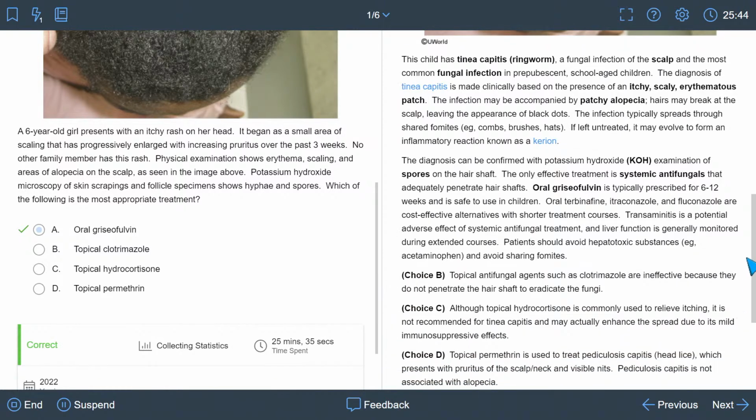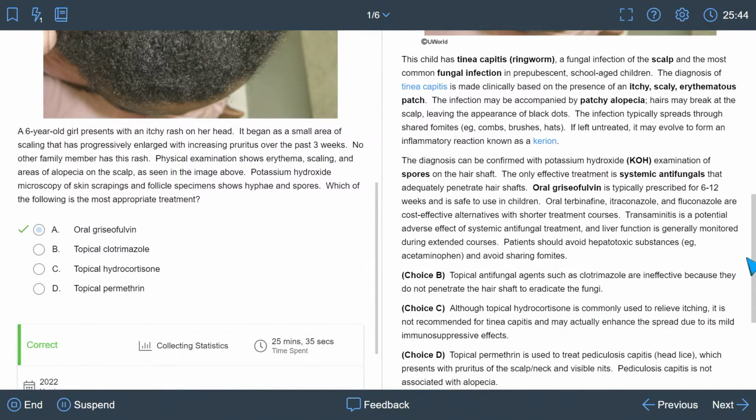Now, the second portion of UWorld's philosophy for knowledge retention is going to be these bolded keywords that are important for you to know in order to get the educational objective. So this child has Tinea Capitis, which is also known as ringworm. It's an infection of the scalp. It's a very common infection where the clinical diagnosis is made based on the presence of an itchy, scaly, erythematous patch.